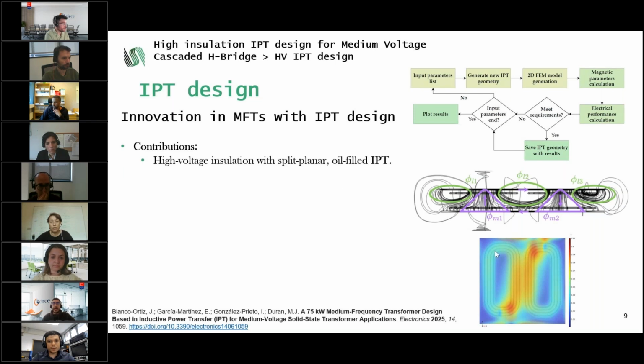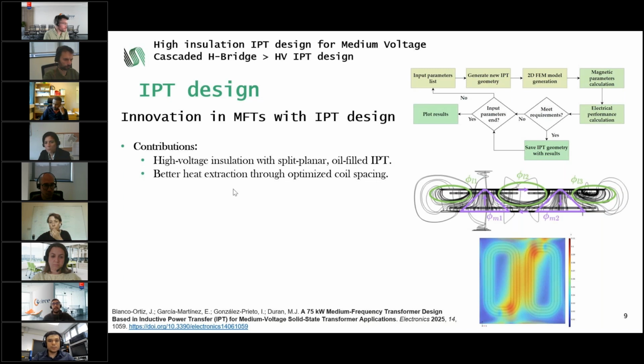As we can see here, it is a double D design with high voltage isolation between primary and secondary, thanks to this split planar transformer. The isolation between primary and secondary is oil filled with a dielectric fluid developed by Novamont, who will talk about this development after me.